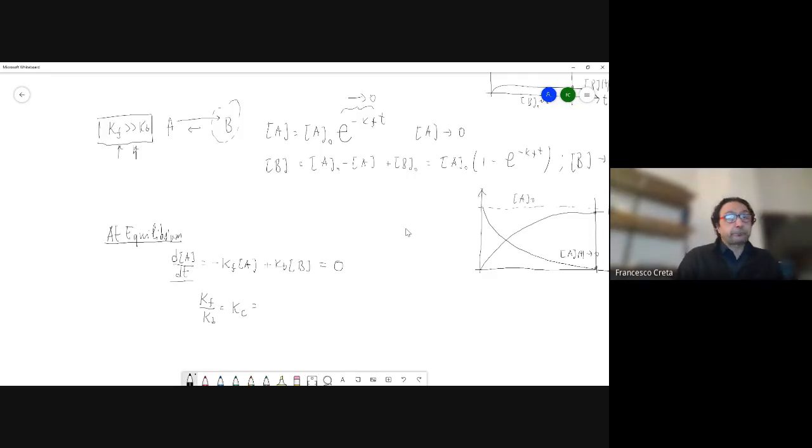From this relation, this would be equal to B, the concentration of B at equilibrium. We have this subscript here to remind ourselves that these are the concentrations at equilibrium, and A at equilibrium.